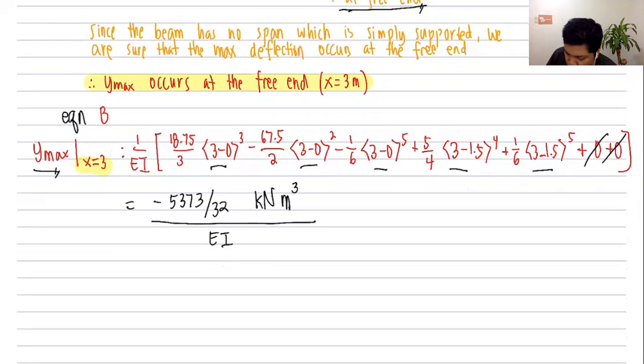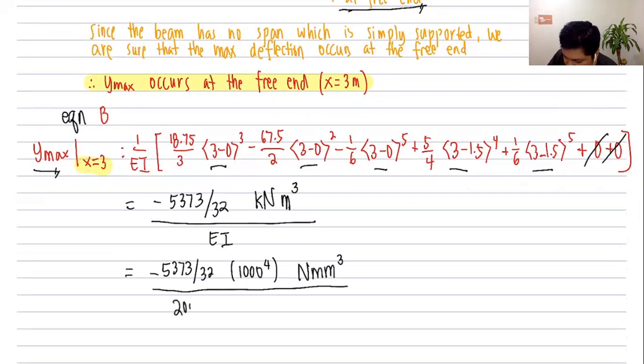Therefore, to convert everything, that's negative 5,373 over 32 times 1,000 raised to 4 Newton millimeter cube all over 200,000 megapascals times 65 times 10 to the 6 millimeters to the 4th as I.